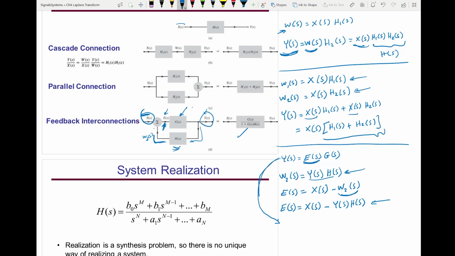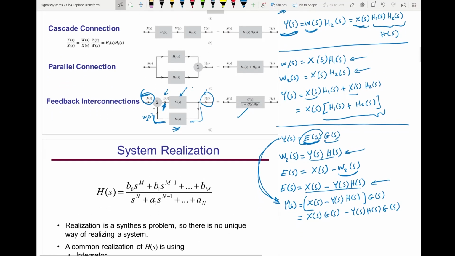So this equation will be y of s equals E of s here, I'll substitute this value, multiplied by g of s, and this equals, okay, now I will put all y of s on one side and everything x of s on one side. So I'm going to bring this to the front of the equal sign.